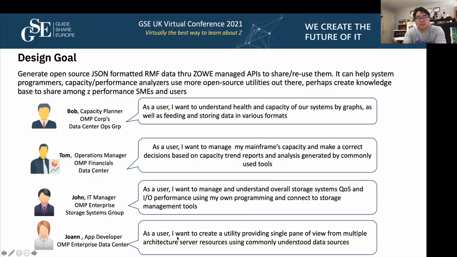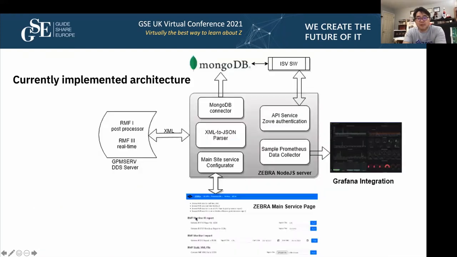So all these users, we envision, will use various tools, but in the center we want to provide a common data format for RMF and maybe later SMF. This is the high-level overview of our Zebra implementation.